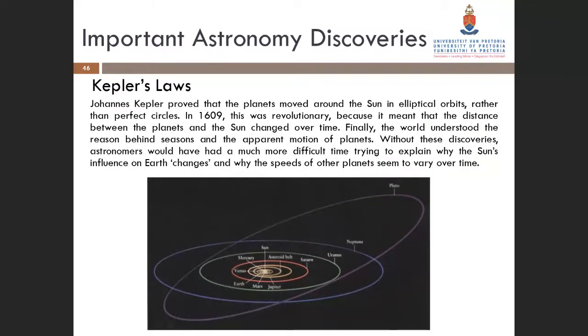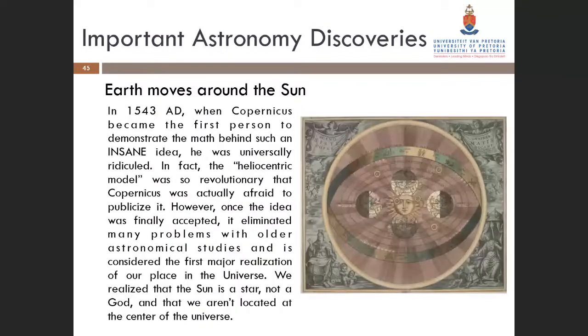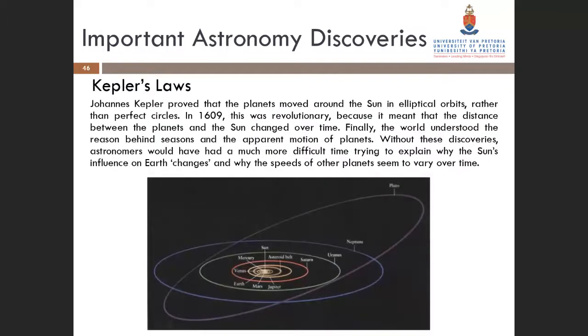So, next thing we see with these patterns are Kepler's laws, and I'm sure you are all familiar with Kepler's laws. Kepler's laws describe how objects move in ellipses around certain bodies.